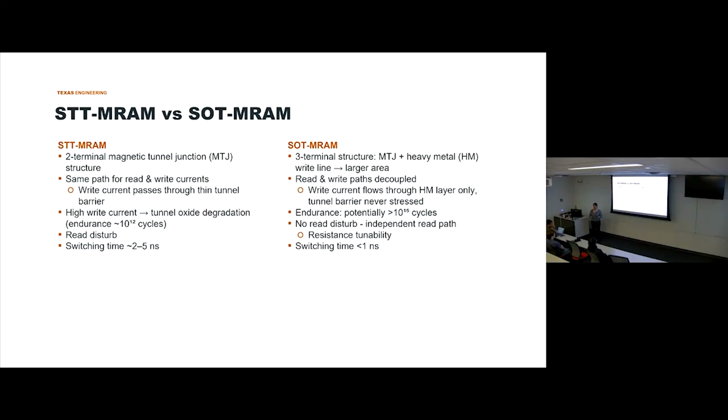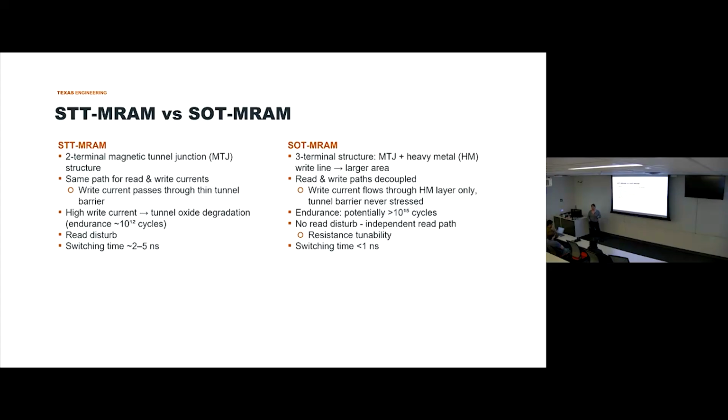SOT-MRAM, on the other hand, is a three-terminal device. So it has the MTJ and a heavy metal layer that is your write line. Because it's a three-terminal device, it takes a larger area, so it has less density. But because you're decoupling your read and write, your write current, which is your higher current, only goes through the heavy metal layer, which means you're not degrading your oxide barrier as much.